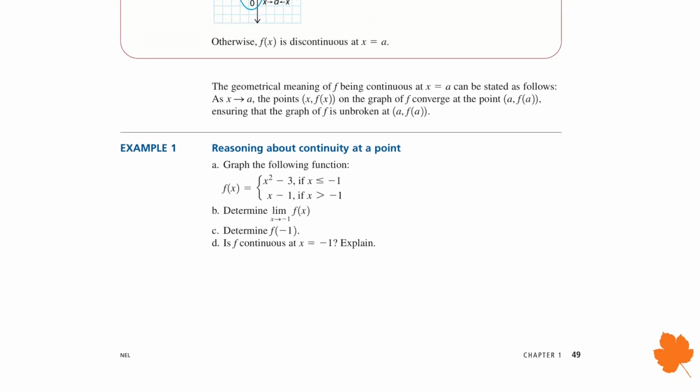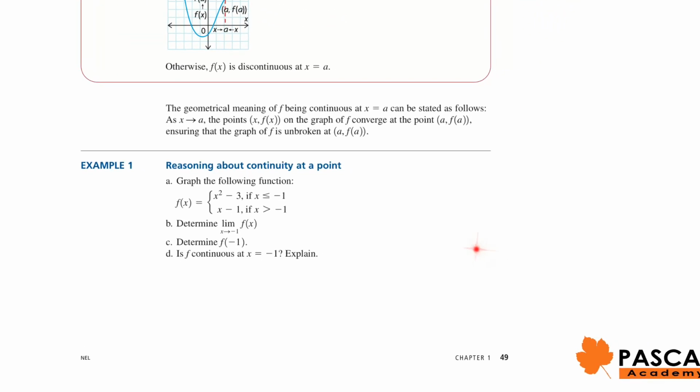Our first example here is a piecewise function. It is x² minus 3 for x less than or equal to -1. For x greater than -1, it is x minus 1. Determine the limit of f of x as x approaches -1. When x approaches -1 from the right side, the limit would be the limit of x minus 1 as x approaches -1 from the right side, which is -2.